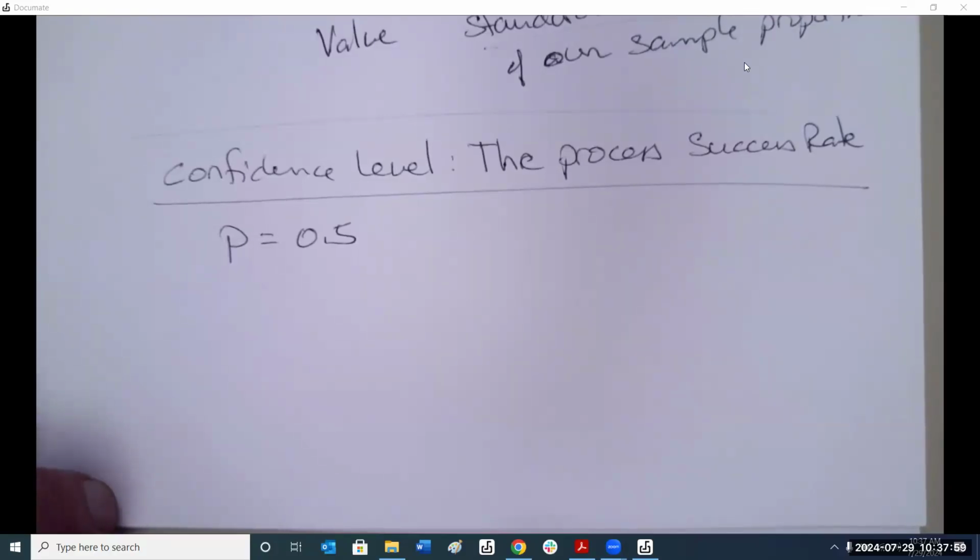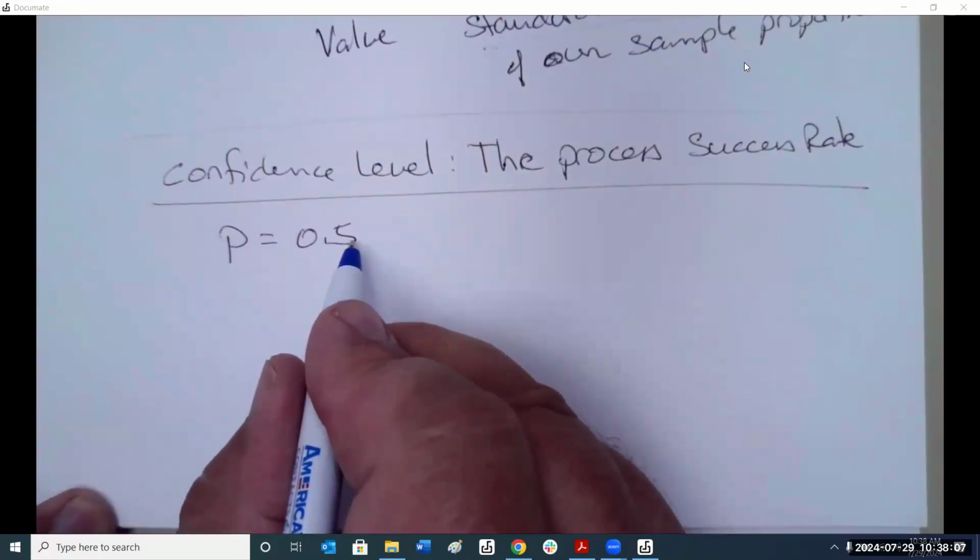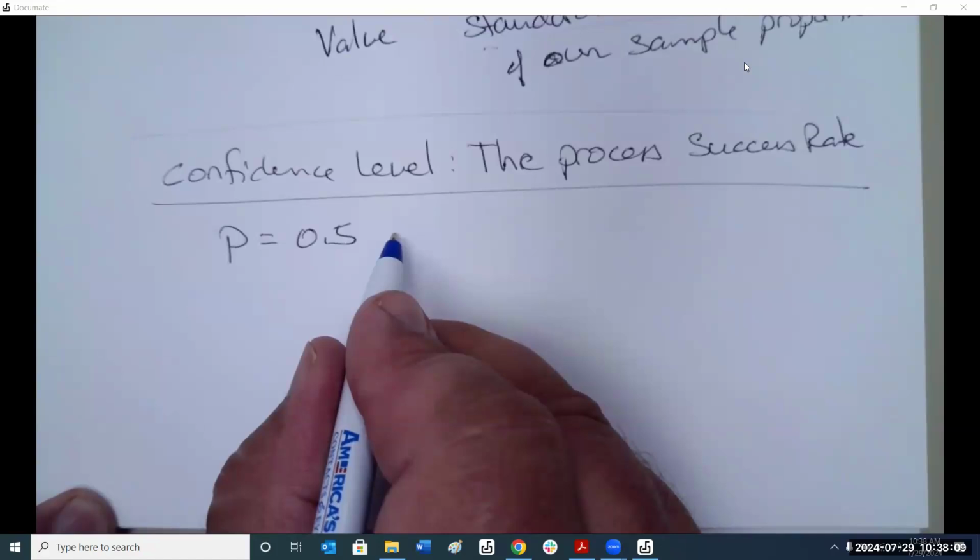A half. So what we're saying here is 50%, but move it 2 decimal points over.